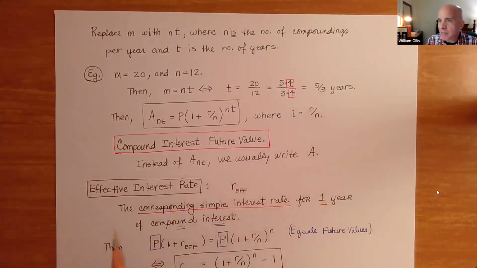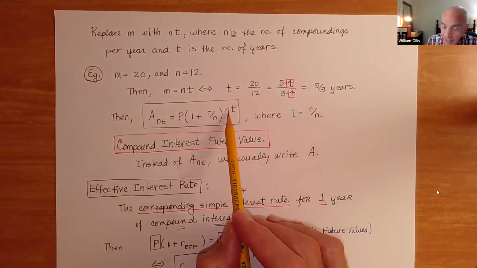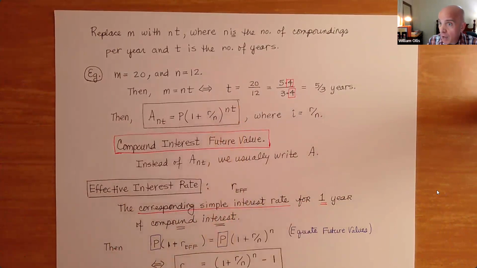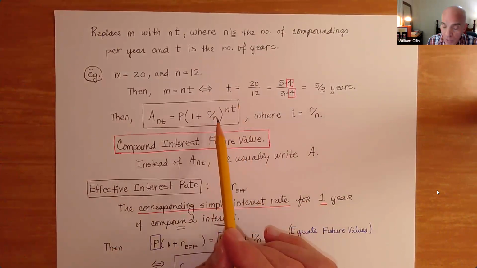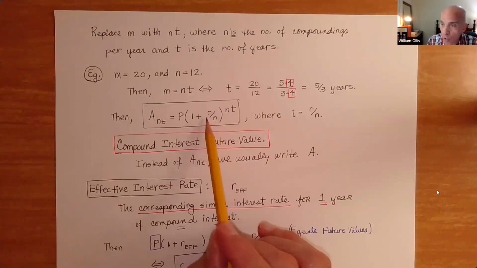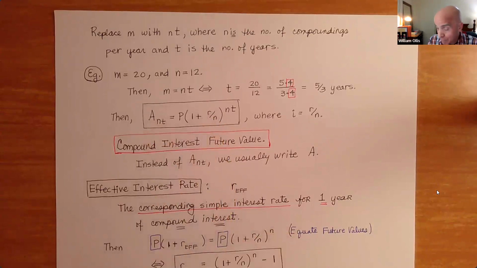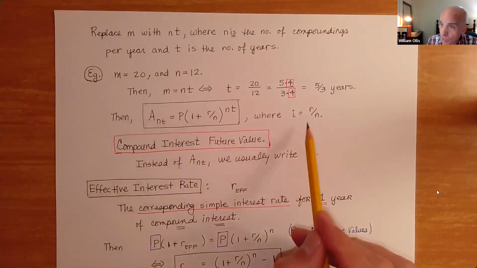What that is basically saying, ladies and gentlemen, is that this would provide maybe a better way to state the formula for the future value when we compound interest. That is, write it in terms of NT for the number of compoundings. And then, of course, the I, which is the annual rate divided by the number of compoundings, we can just go back to what that was defined to be and write it here explicitly, as I've noted here.